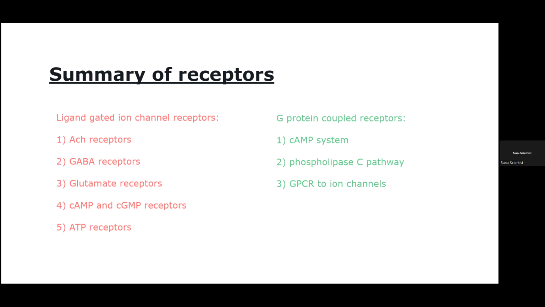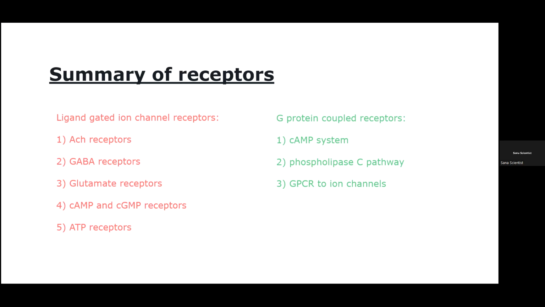So remember that they need a specific G protein. What's the difference between ligand-gated ion channel receptors and G protein coupled receptors? The ligand-gated ion channel receptors are fast, really fast, but G protein coupled receptors are not as fast.